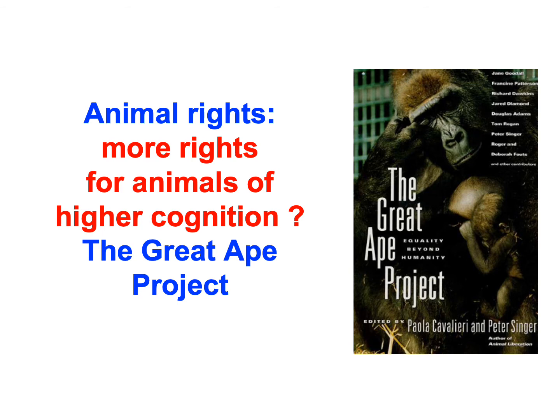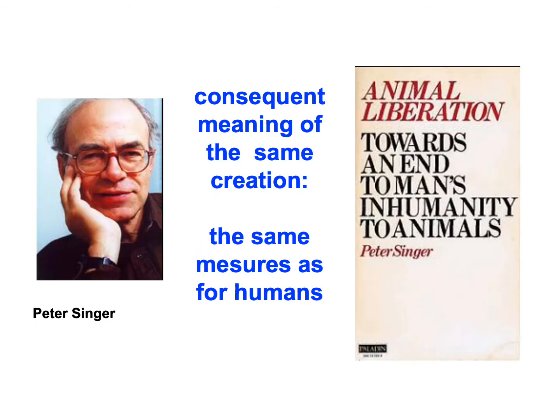If we mention Peter Singer, he is the representative of anti-speciesism, and he said that consequent meaning of the same creation or evolution, the same measures as for humans should apply for the animals.